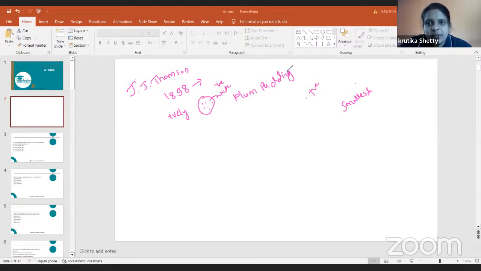The positively charged particles are called protons and the negatively charged particles are called electrons. The protons are at the center, in the nucleus, and the electrons are revolving around the nucleus in the orbit. This is the basic concept about the atom.